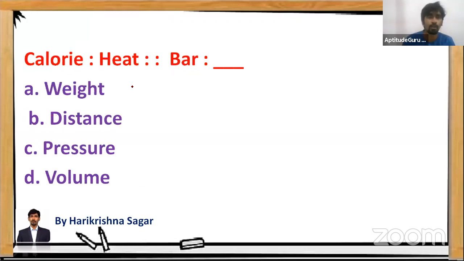One more question. What is the answer for the next question on the screen? Try to give the response. Calorie, heat, bar is dash.